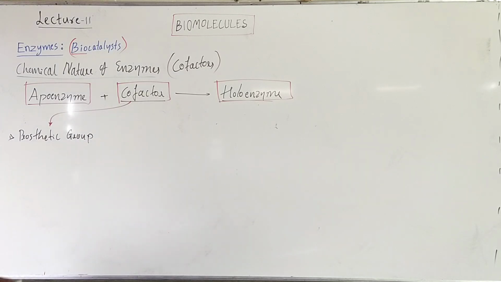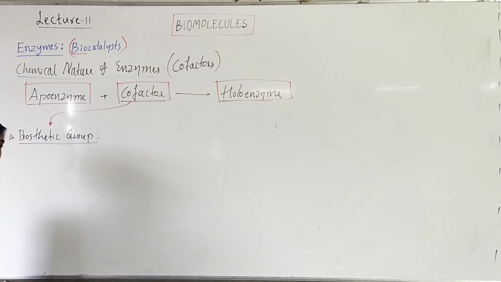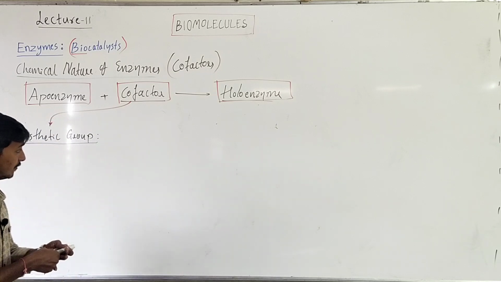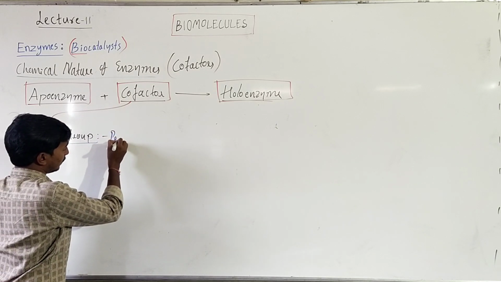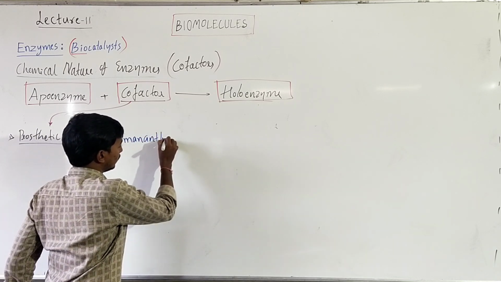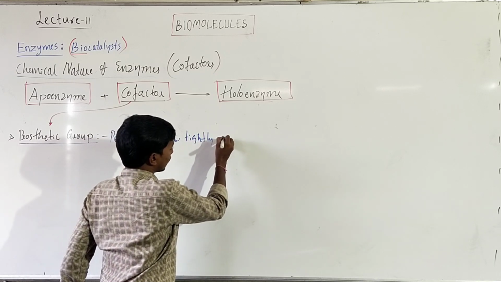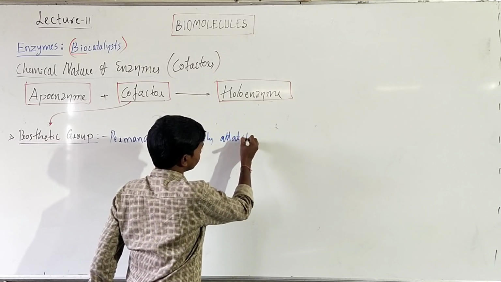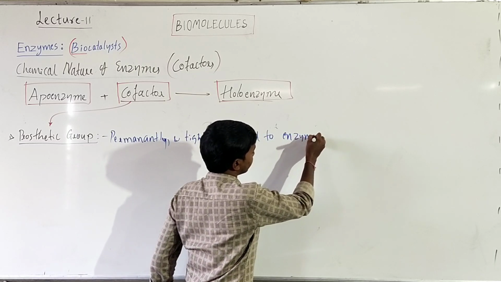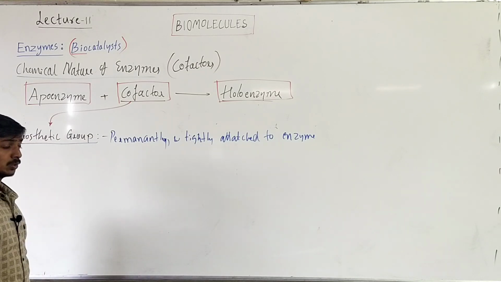A prosthetic group is the organic compound which is permanently and tightly attached to the enzyme. Permanently and tightly attached to the enzyme.